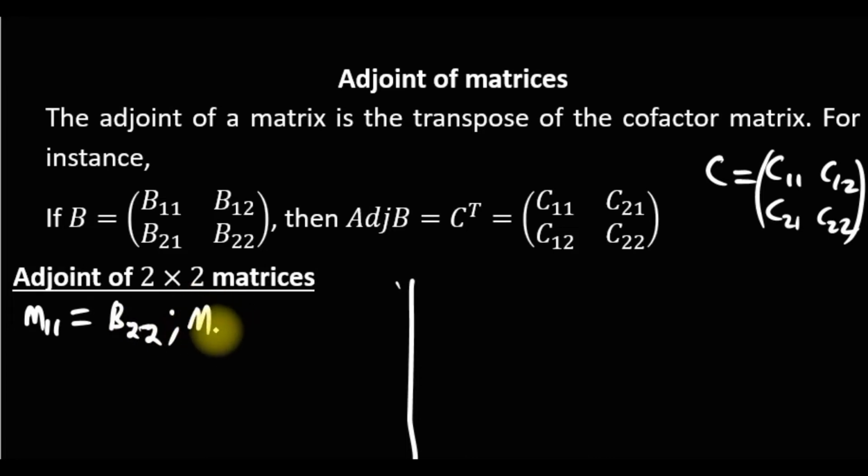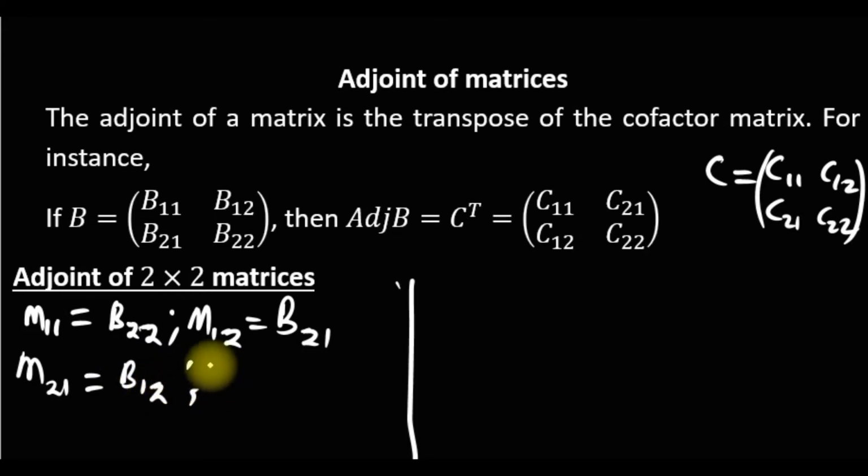For M12, first row, second column, we'll have B21. M21, that's second row, first column, we have B12. And finally, M22, second row, second column, we have B11.